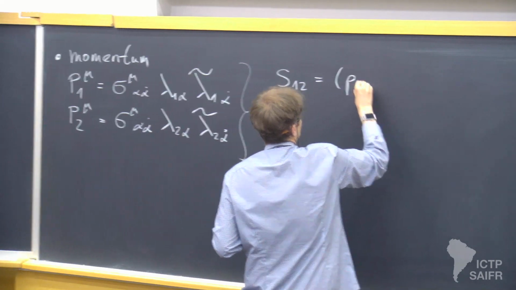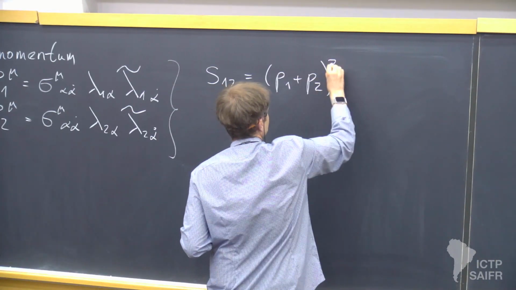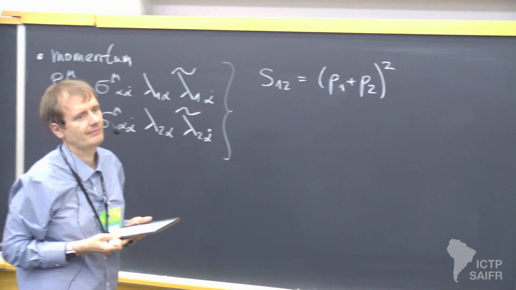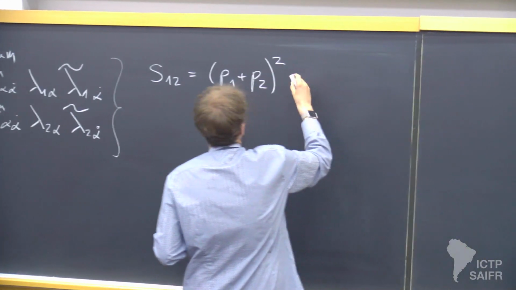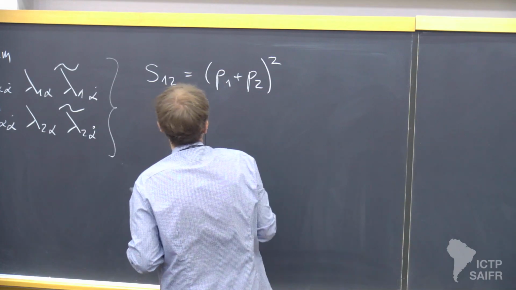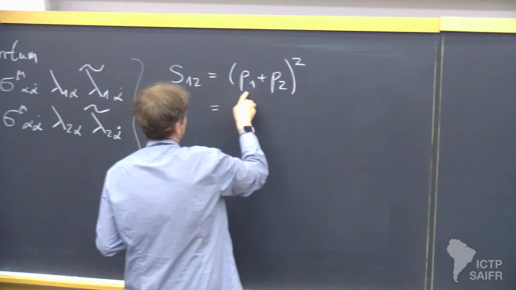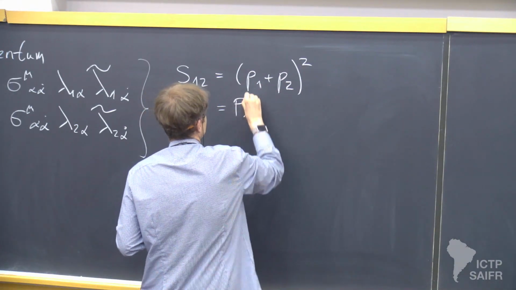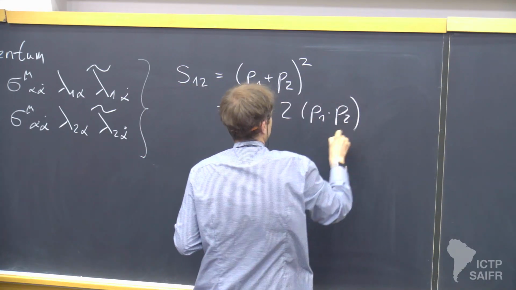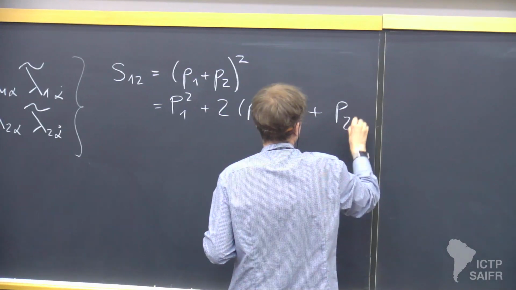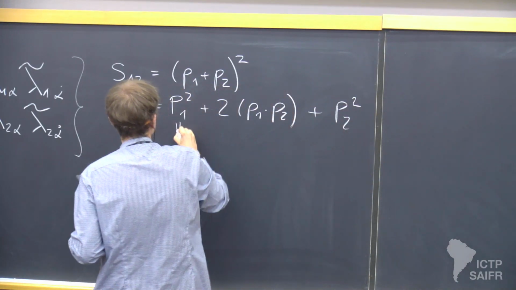which is P1 plus P2 squared. And because we are on shell, P1 squared and P2 squared are 0. We can rewrite it: P1 dot P2 plus P2 squared. This is 0.